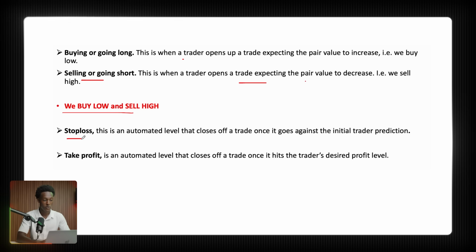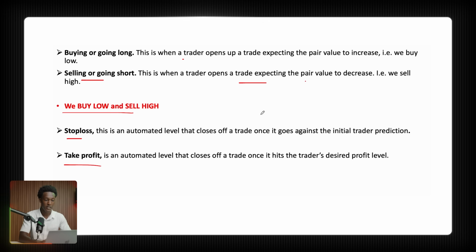Now, next up, we have stop loss and take profit. A stop loss is an automated lever that closes off a trade once it goes against the initial trader's prediction. Honestly, we have losses in trading, and you need to understand that, because sometimes you could anticipate that the price is going to go up, and it does the opposite. A stop loss is going to protect you from further losses.